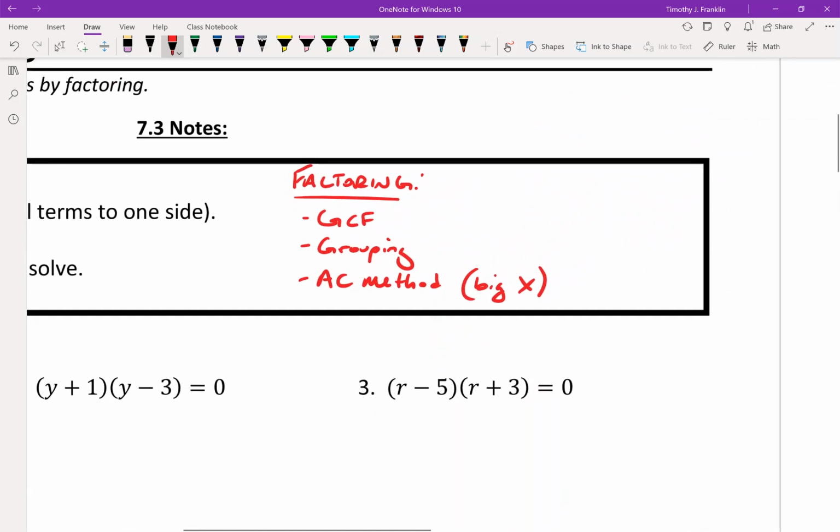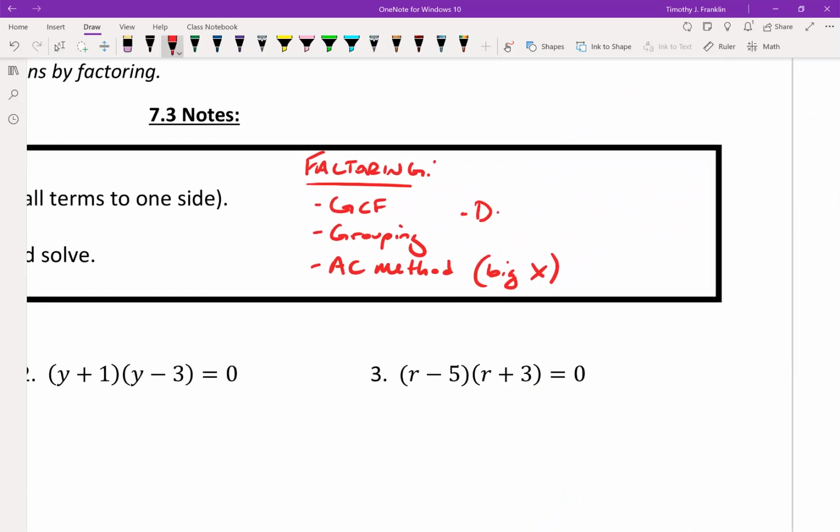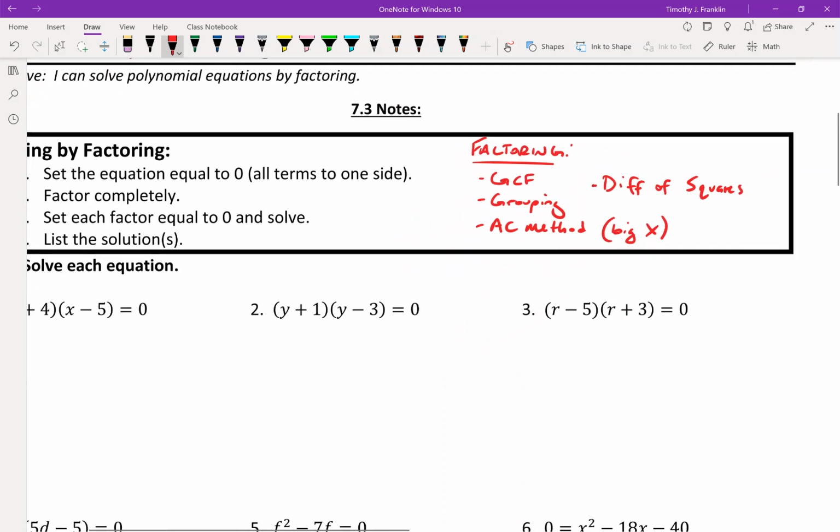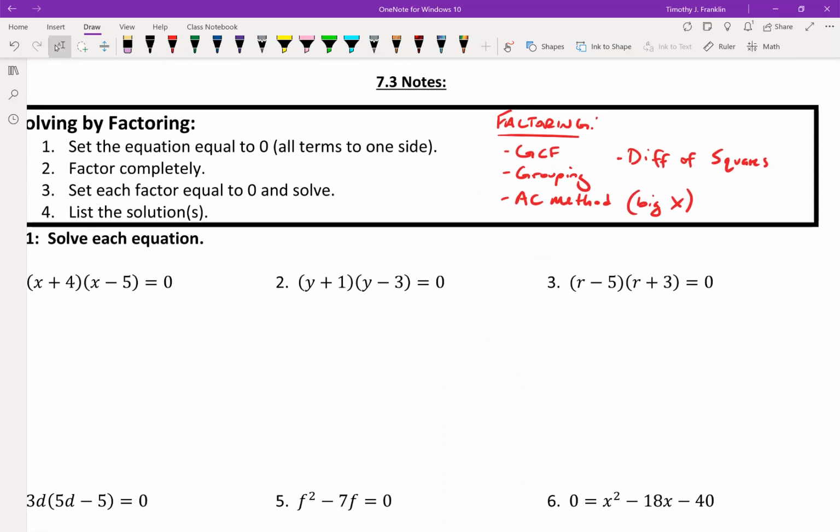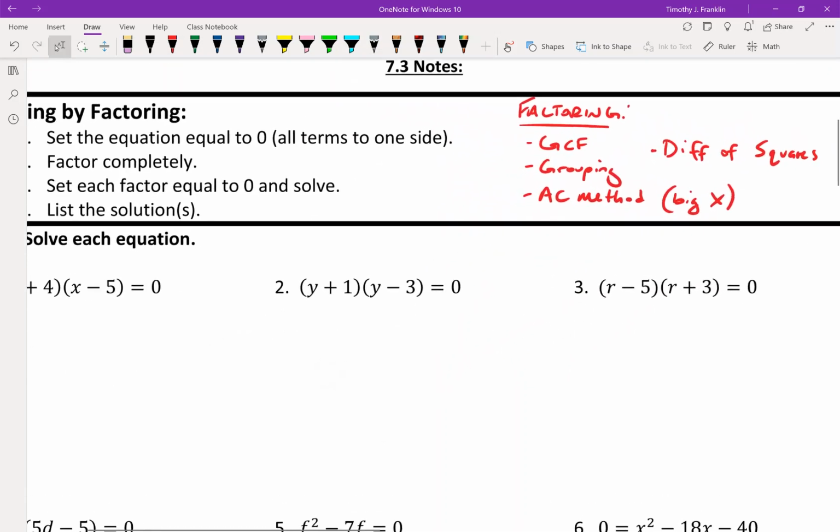Oh, also the difference of squares pattern, which is really just a different way to do the AC method for a very specific situation. But those are the ways to factor a polynomial.